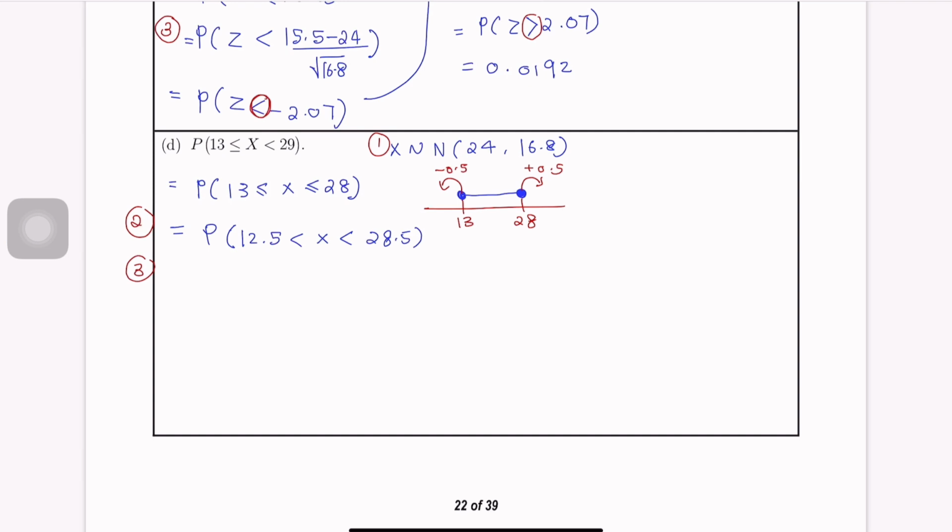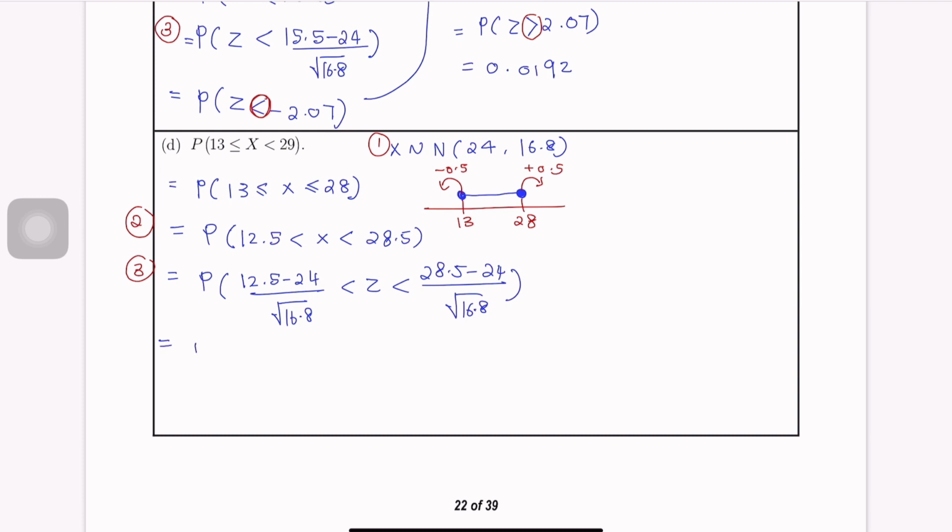Then what is the third step? Yes, to change it to Z again. You already did 3 examples up there, so this is your 4th example. You should know by now. So what is the formula? X minus mean over standard deviation. So 12.5 minus 24 over the standard deviation, and 28.5 minus 24 over the standard deviation.